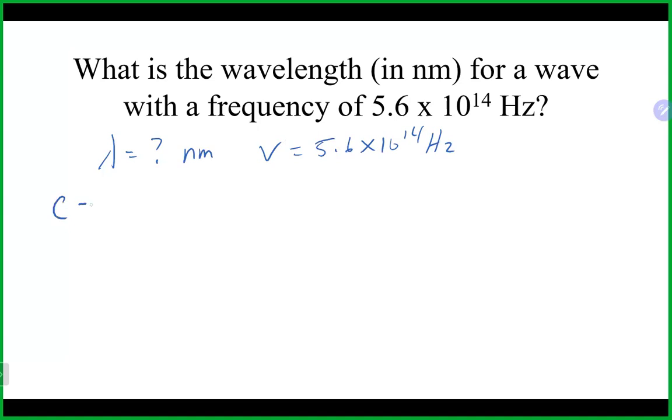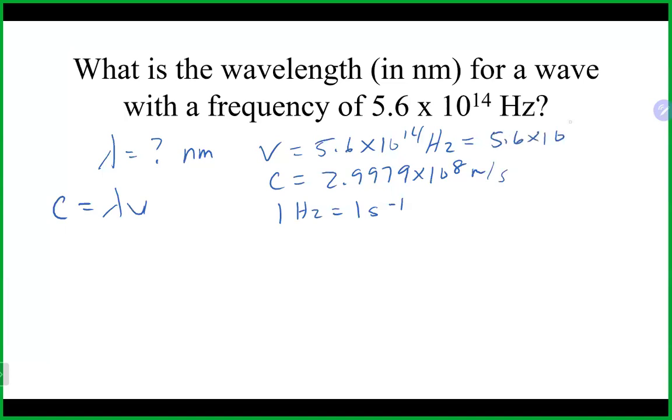Again, we could use our equation: c is equal to our wavelength times our frequency, where c again is our constant, 2.9979 times 10 to the 8 meters per second. Once again, a reminder that 1 hertz is 1 reciprocal second. So really this is 5.6 times 10 to the 14 reciprocal seconds, which might be helpful to see the units cancel.